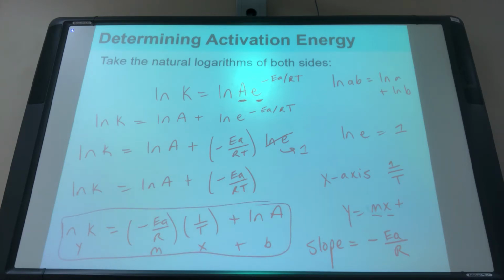The two things you have to know are that the slope is equal to negative Ea over R, and that the y-intercept is equal to ln of A. So if you're completely confused about the natural log and all those rules, don't freak out, don't stress. Just know the y-intercept is ln of A and the slope is negative Ea over R. And I'm going to show you a problem of how this is useful.